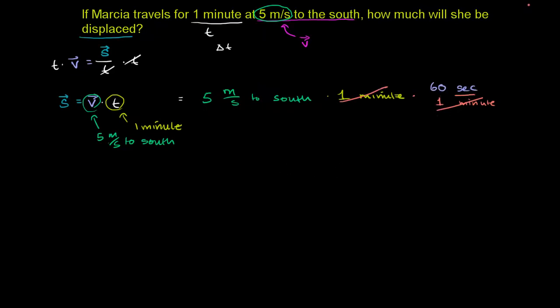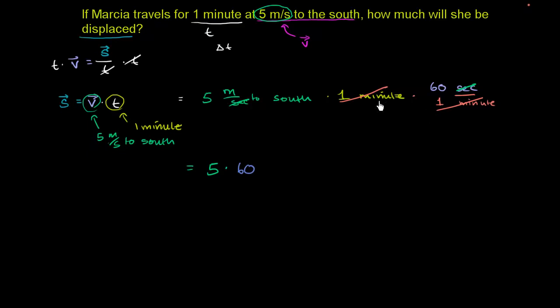This is now cool because you have seconds and seconds. So now you have seconds over seconds. Those cancel out. And so your displacement is going to be equal to 5 times 60. And then your units left are meters.